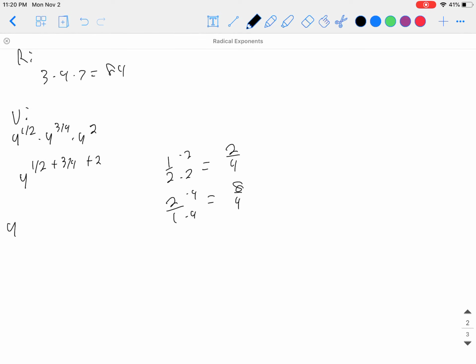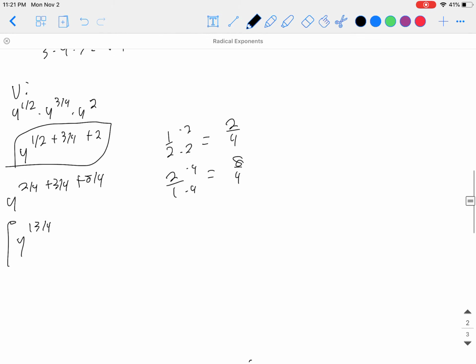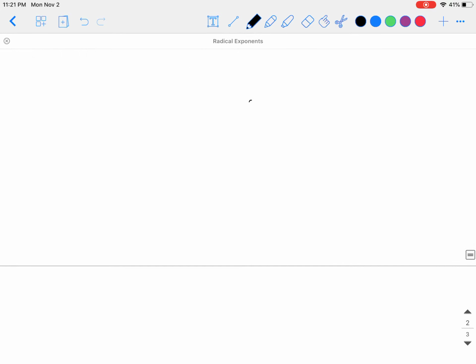That means the expression can be written as y to the 2/4 plus 3/4 plus 8/4. By adding the numerators, we get y to the 13/4 as the simplified variable. If we put the real number and the variable together, we get 84 y to the 13/4, and this is the simplified expression.